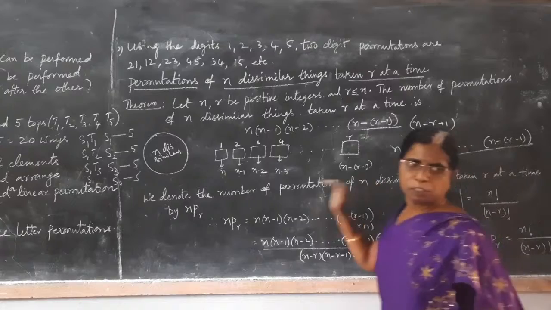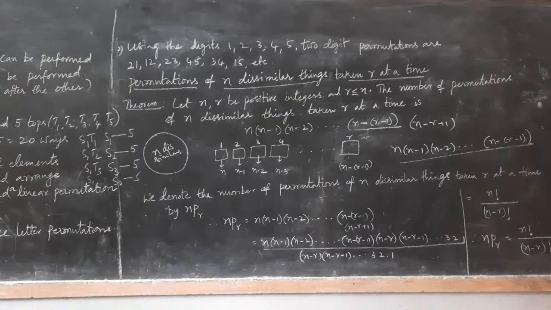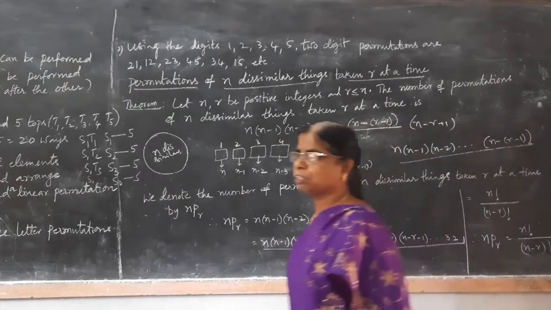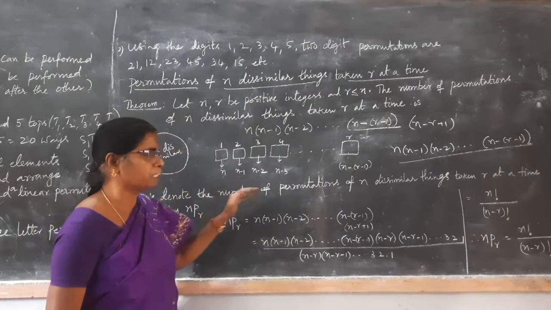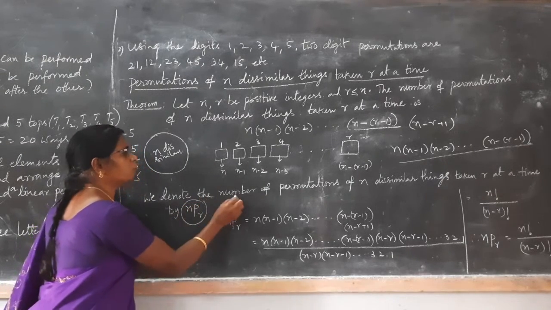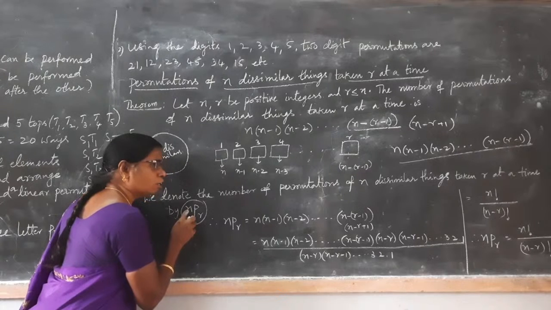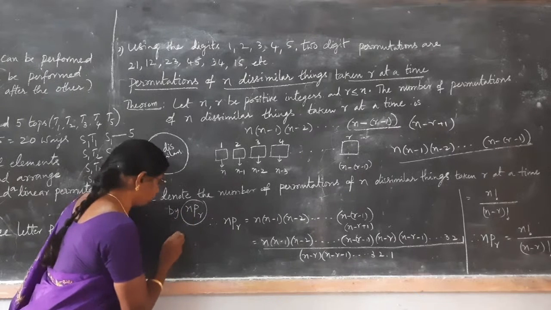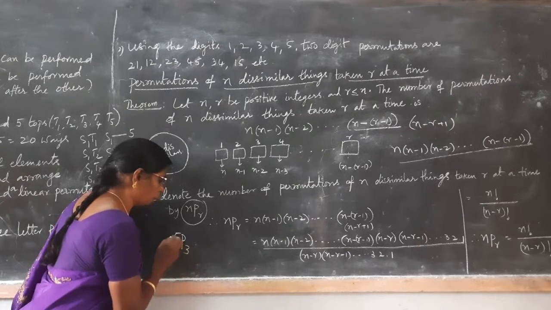Okay, next we have a small denotation. We denote the number of permutations of n dissimilar things taken r at a time as nPr. సో n విభిన్న వస్తువుల నుంచి r వస్తువులు తీసుకోగా వచ్చేటువంటి నెంబర్ ఆఫ్ పర్ముటేషన్స్ ని nPr అనే డినోషన్ తోటి మనం డినోట్ చేస్తాము. ఈ n మొత్తము ఎన్ని డిఫరెంట్ థింగ్స్ ఉన్నాయనేది చూపిస్తుంది. సో ఫర్ ఎగ్జాంపుల్ 5 ఉన్నాయి, 5 నుంచి 3 వస్తువులు తీసుకోవాలి. 5P3 we write.